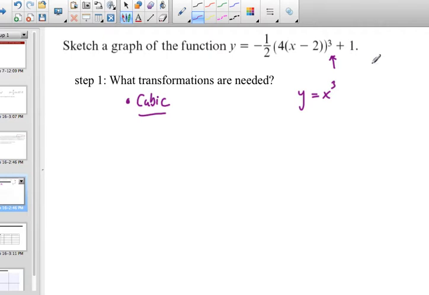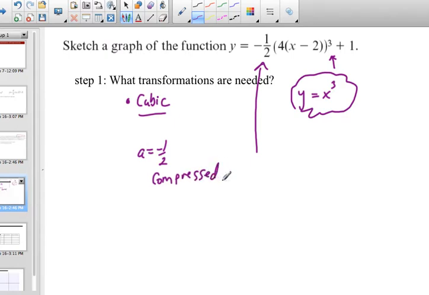Okay, so when I see all this, I look at some numbers. The first number I look at is this one here, and I've got my a being -1/2. What this tells us is, since 1/2 is less than 1, our graph compared to that base graph over here is vertically compressed.